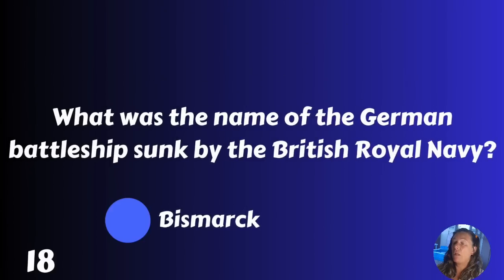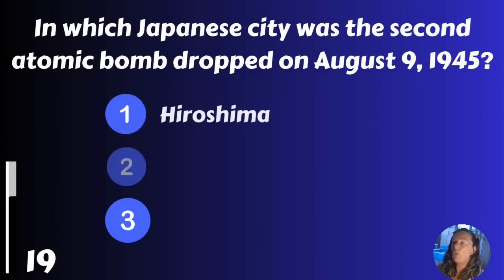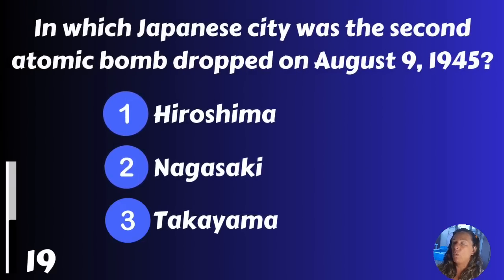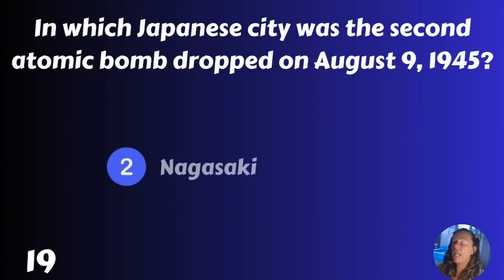It was the Bismarck. In which Japanese city was the second atomic bomb dropped on August 9th, 1945? Hiroshima, Nagasaki, or Takayama? Nagasaki.